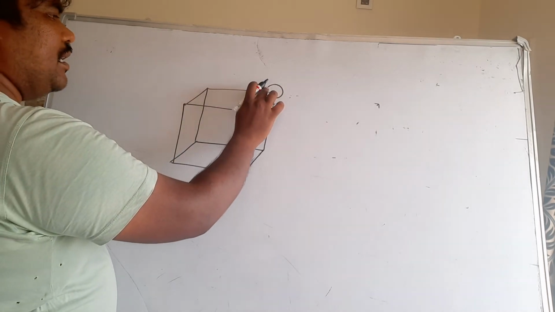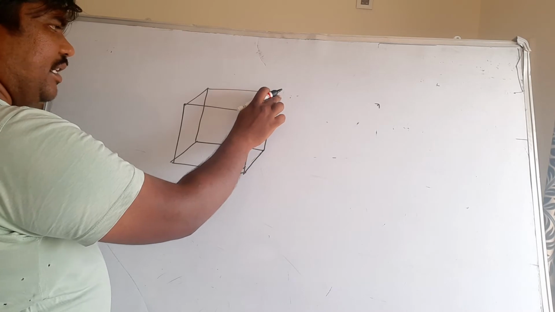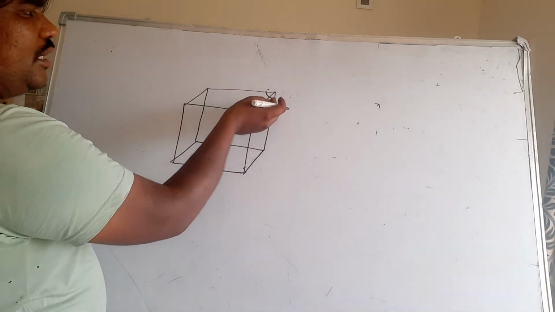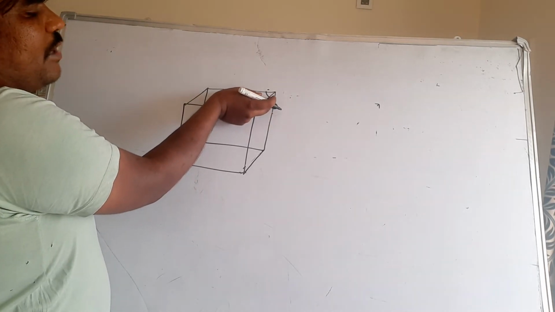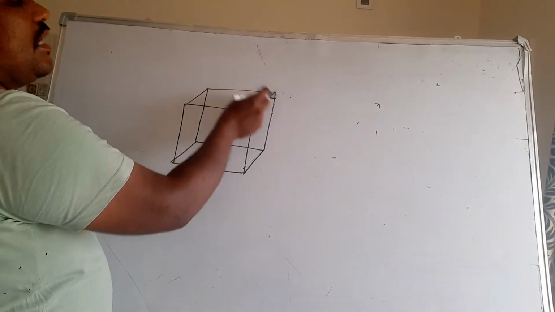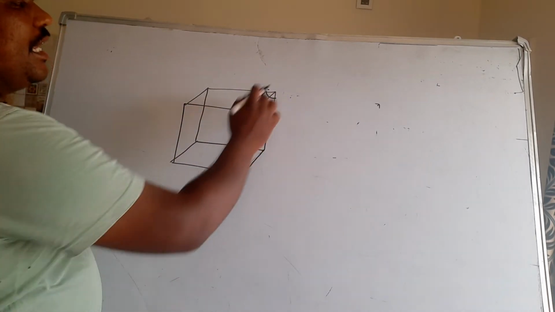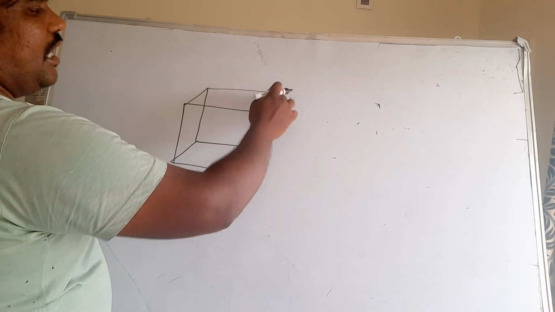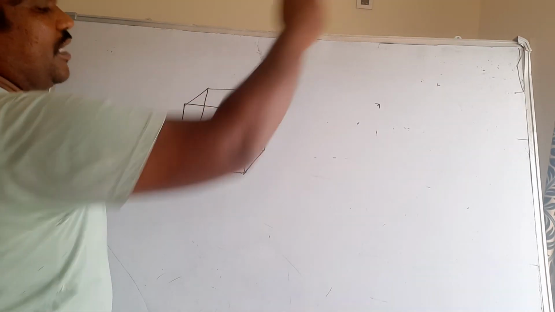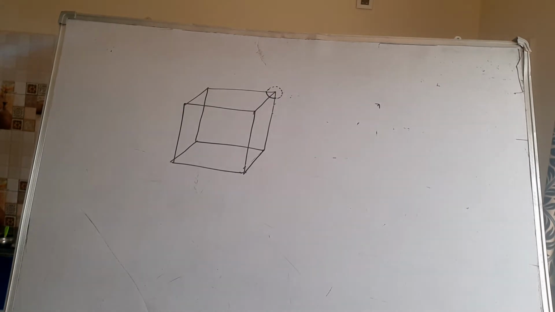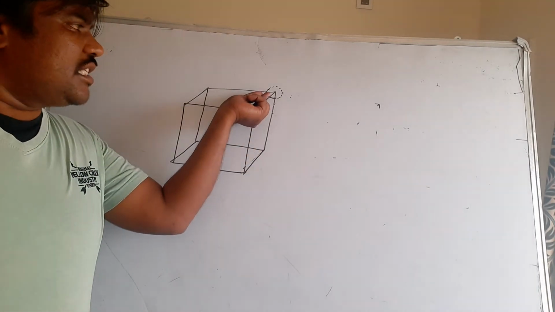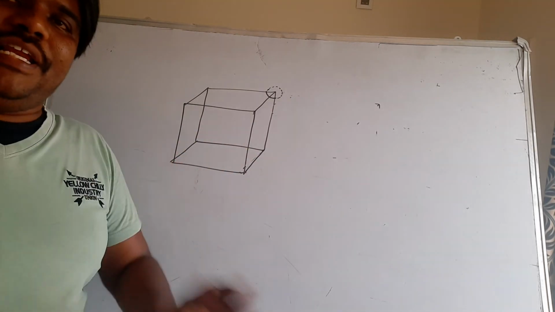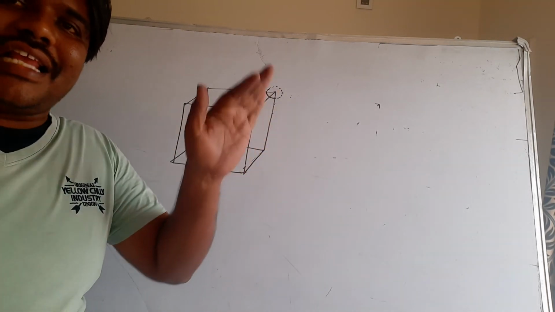Just some part belongs to this unit cell; the rest of the part belongs to other unit cells. That means the contribution of this lattice point towards that unit cell is not completely 1. Its contribution is less than 1.